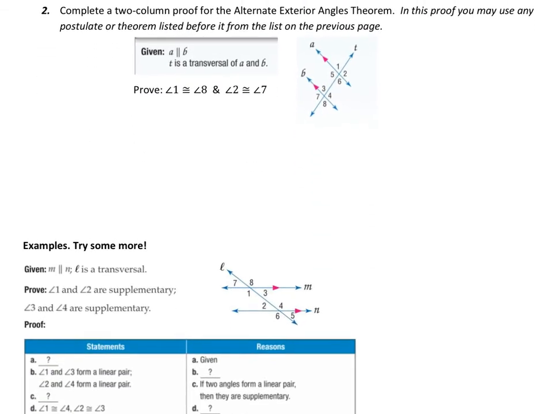Now let's go ahead and prove the alternate exterior angle theorem. Again, we are given A and B are parallel, and we are told that T is the transversal. So A parallel to B, T is transversal.